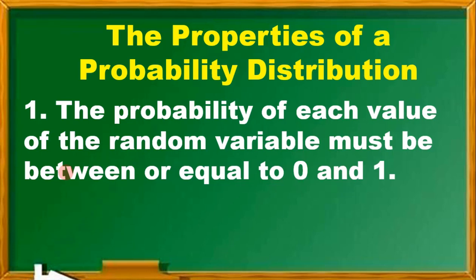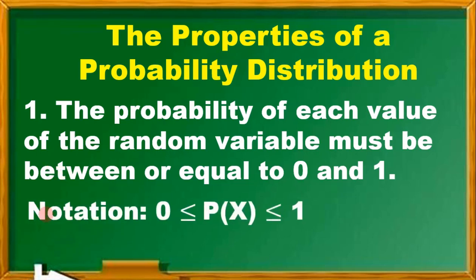As long as it is more than 1, it is not a probability of each value of the random variable. For the notation, we have 0 is less than or equal to P of x, the probability of x, where x is a random variable, and it should be less than or equal to 1.